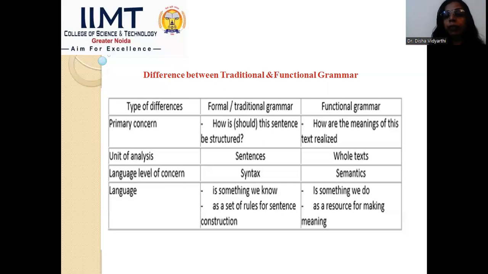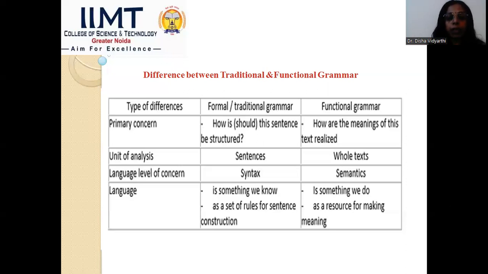In functional grammar, the semantics, meaning the meaning portion, is very important, whether the speaker or the writer has expressed themselves in a well-aware manner, because their focus is that the meaning should be understood by the person on the other end. So in traditional grammar, syntax is more important. In functional grammar, the semantics, the meaning, is the primary concern.